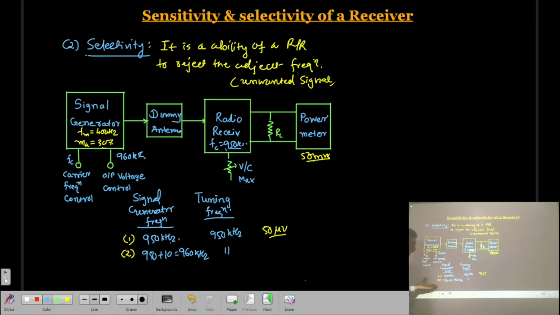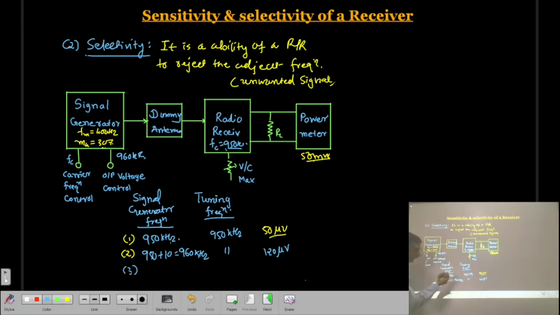So here, when the signal is 960 kilohertz, again I will increase the amplitude of the input signal so that I will get a 50 milliwatt output. Let us say in this case my required input signal is 120 microvolt.